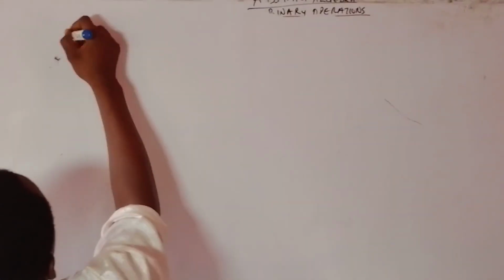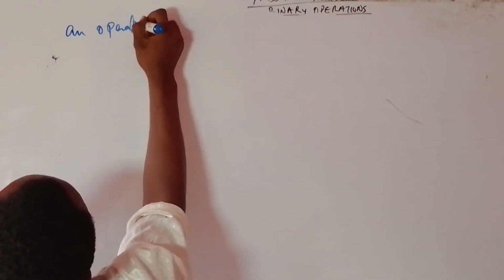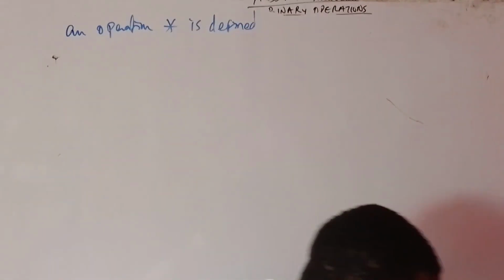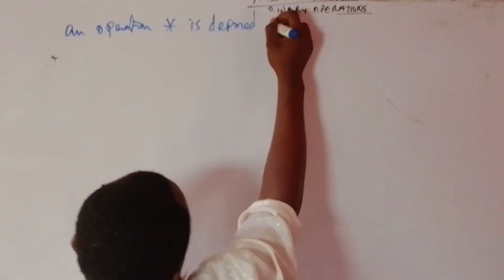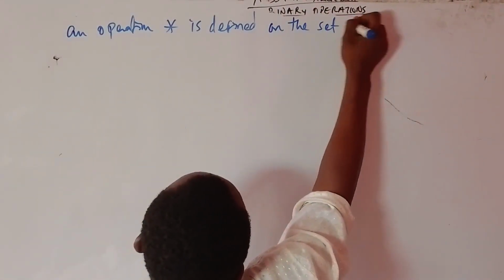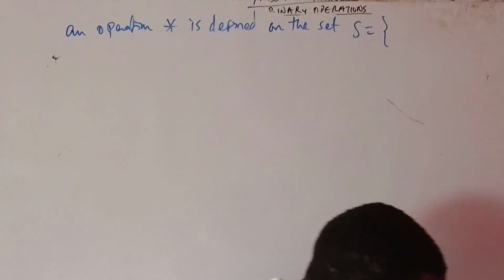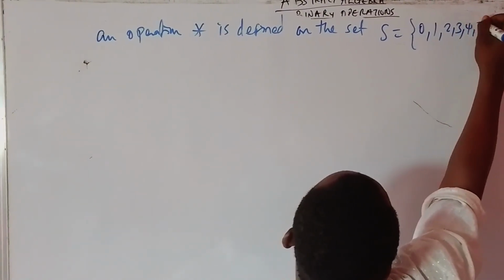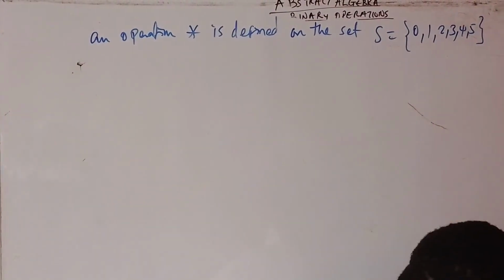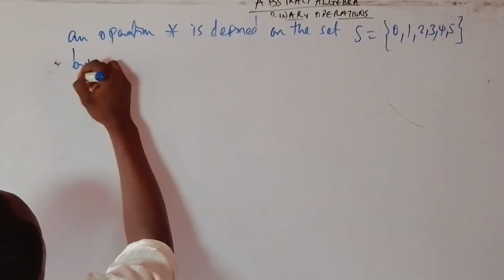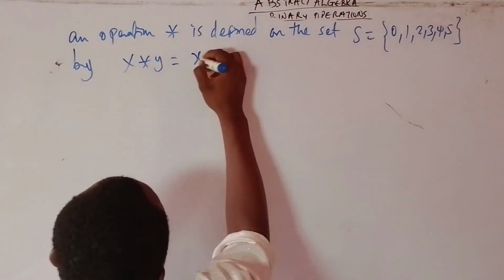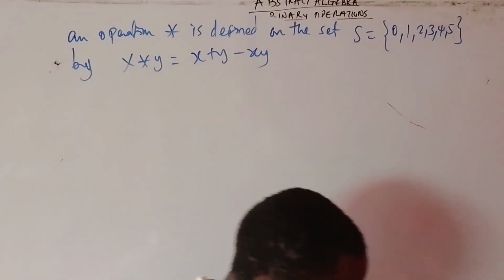Here's the example. An operation asterisk is defined on the set S equal to 0, 1, 2, 3, 4, 5 by x asterisk y equals x plus y minus xy.